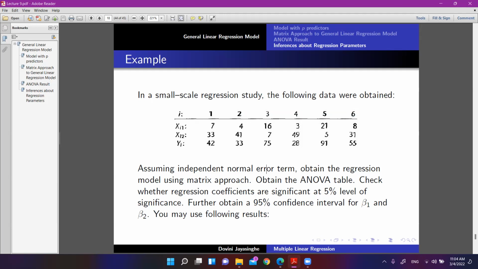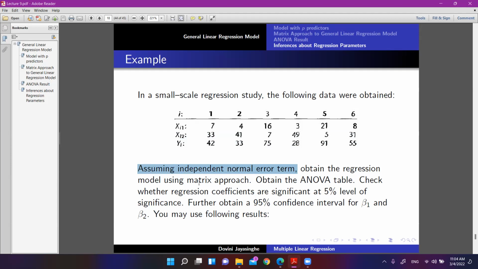In a small scale regression study, the following data were obtained. Our sample size is 6, and this is our first X variable. This is our second X variable, and this is our response variable, the Y variable. Assuming independent normal error terms, you have to go for an additive model. That means y equal to beta naught plus beta 1 x1 plus beta 2 x2.